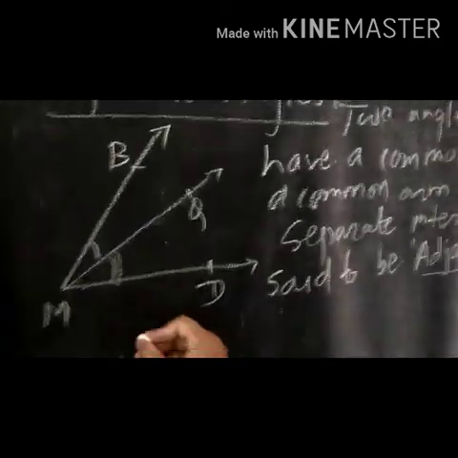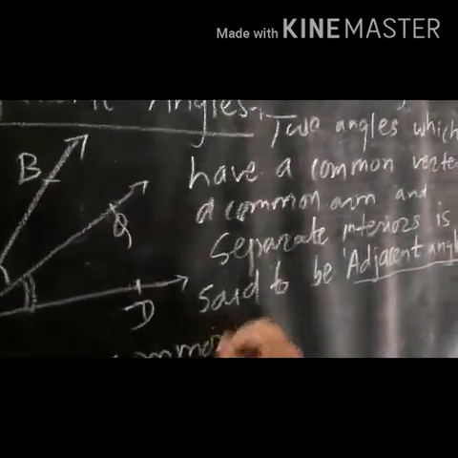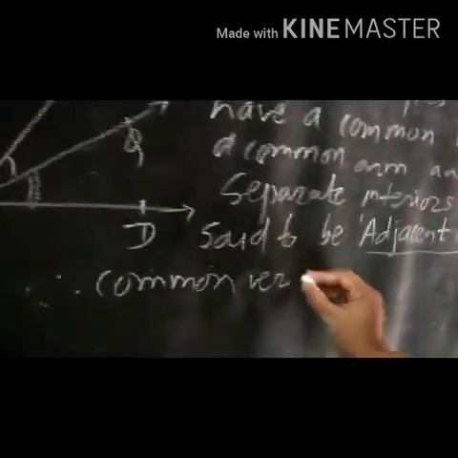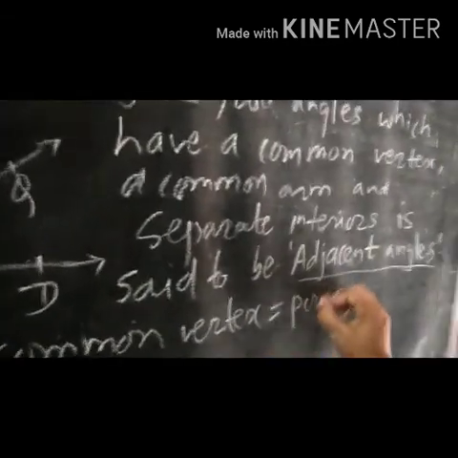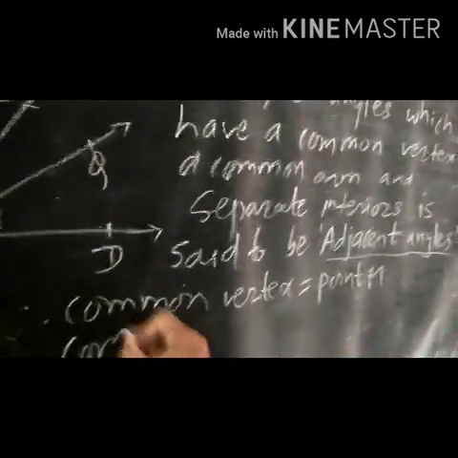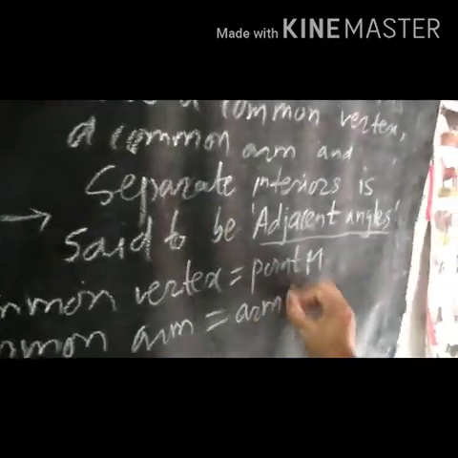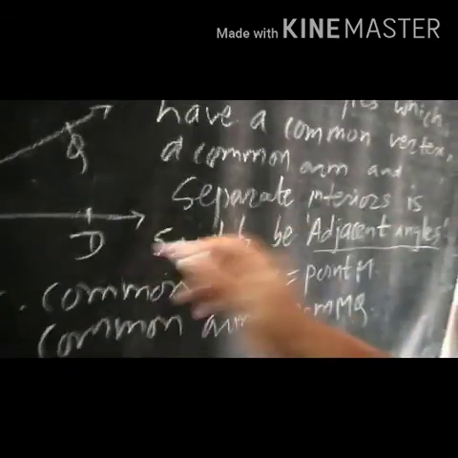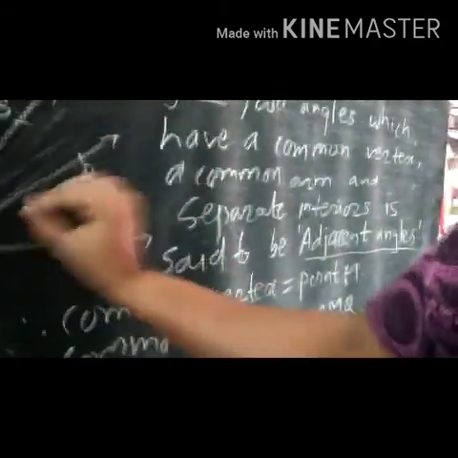So therefore here we can write common vertex, that is point M or vertex M, common arm, both the angles having a single common arm, that is arm MQ, and both the angles are having separate interiors. Separate interiors means inside part or inside portion.